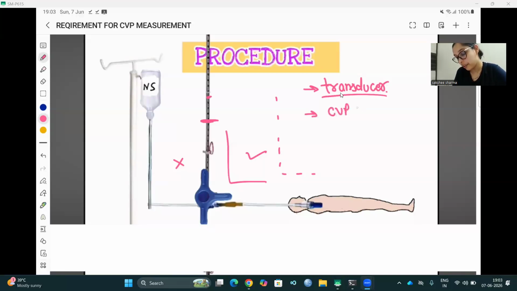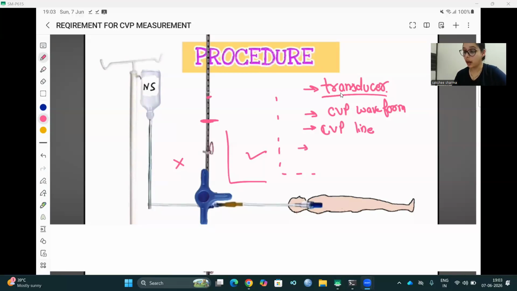I have a picture of the CVP line I'll show you. And we will also cover drawing blood through this CVP line.